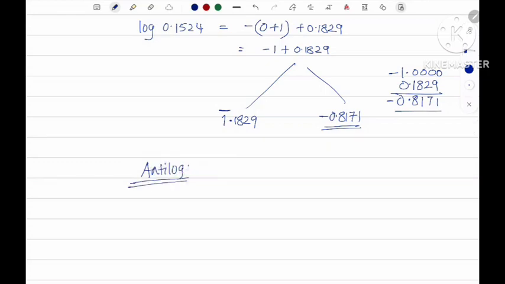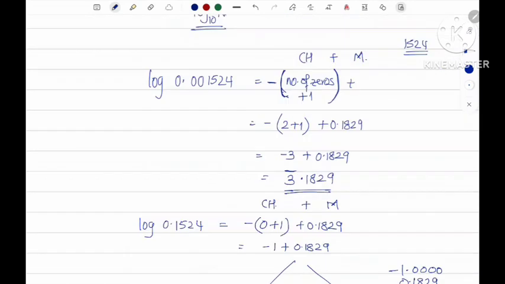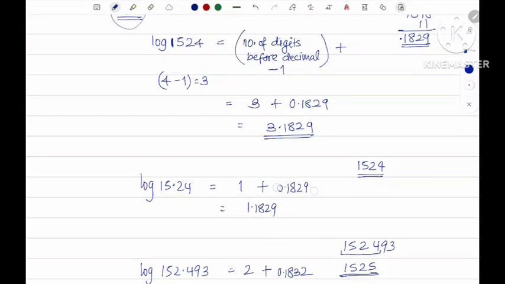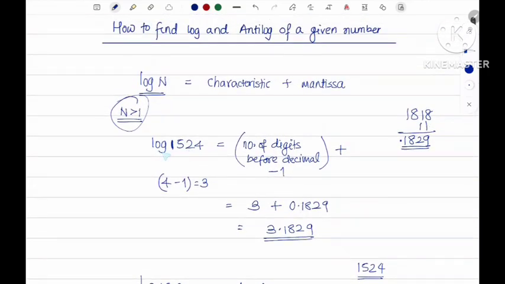Now let us see how to find antilog. Let us find the antilog of 3.1829. So actually, the log of 1524 is 3.1829, right? So the antilog of 3.1829 should be 1524.